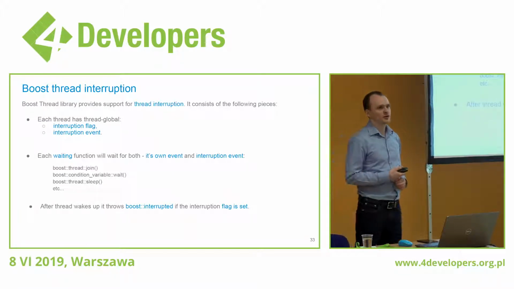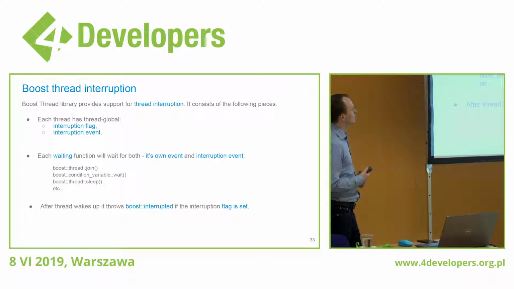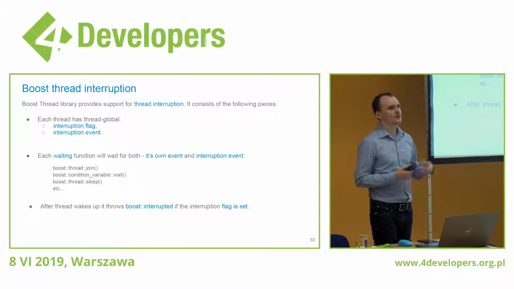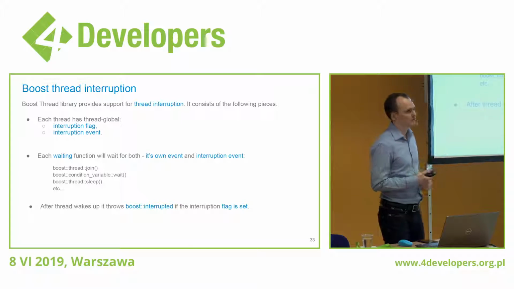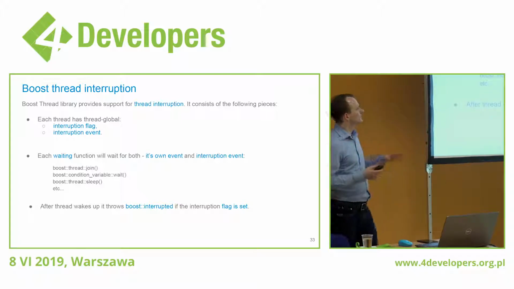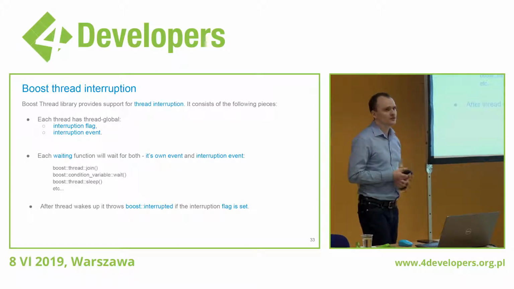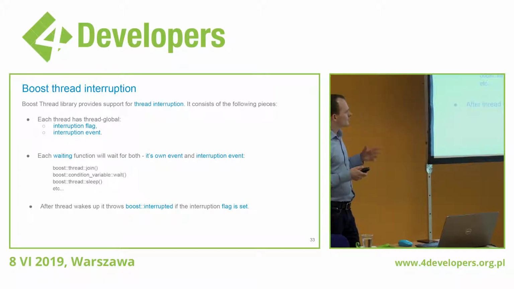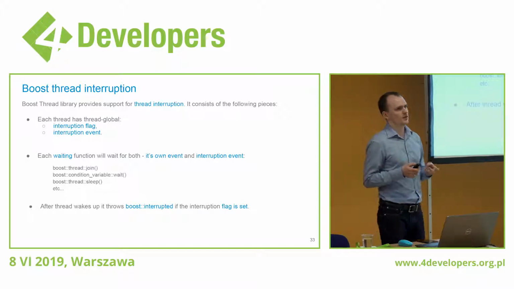So enter boost interruption. Boost thread has a very nice feature called thread interruption, and it works like this. Every thread has a thread global exit flag and a thread global interruption event. And each function that is waiting for something, like thread join, condition variable wait, or timer, each of those functions waits for two things at once.